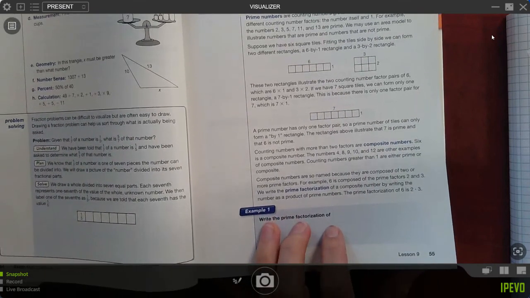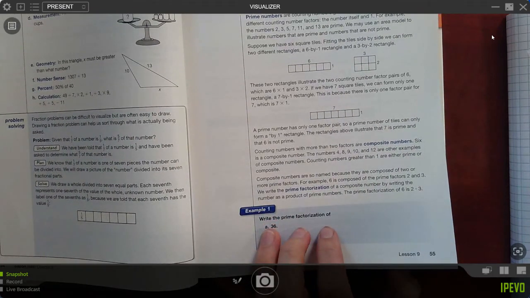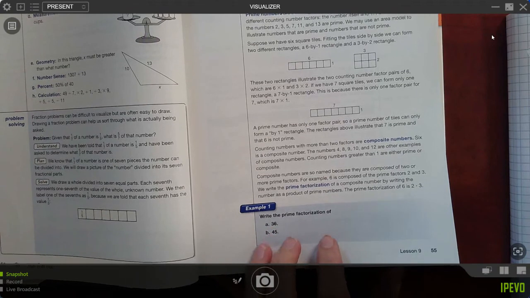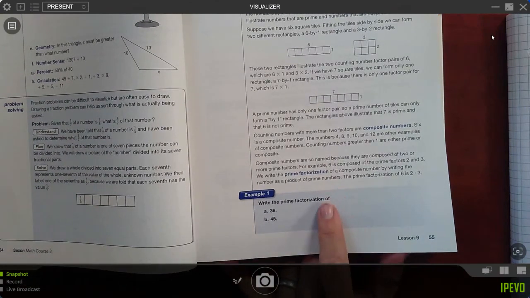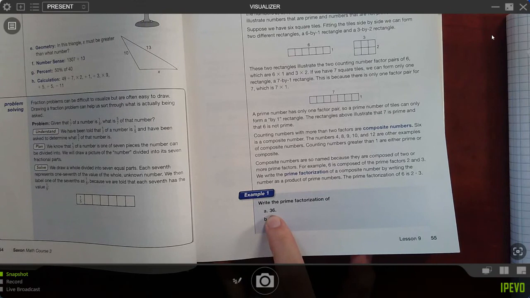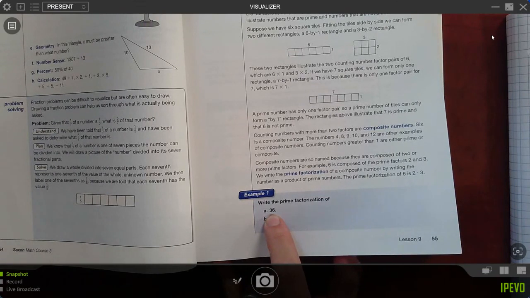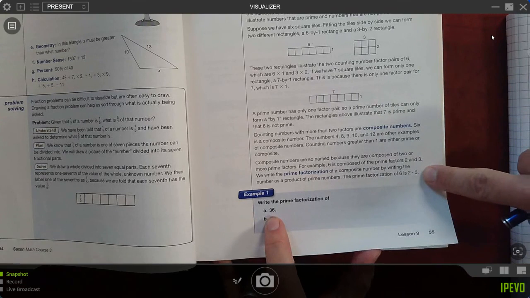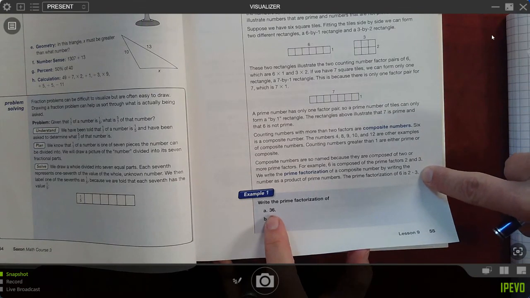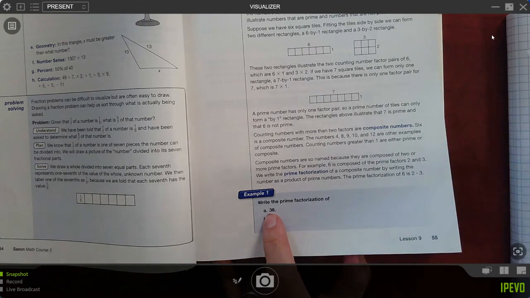So, prime factorization is how we break 36 up and show all of its other factors, okay? Specifically, when we break it down to its prime parts, okay? 2 and 3 are prime, so you cannot break that down any further, okay?